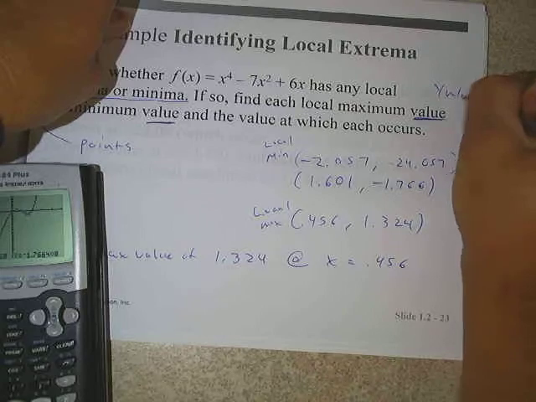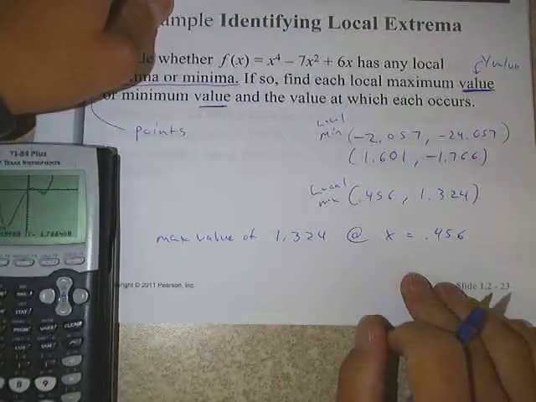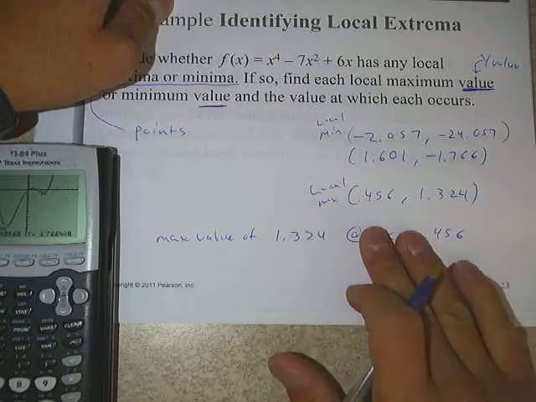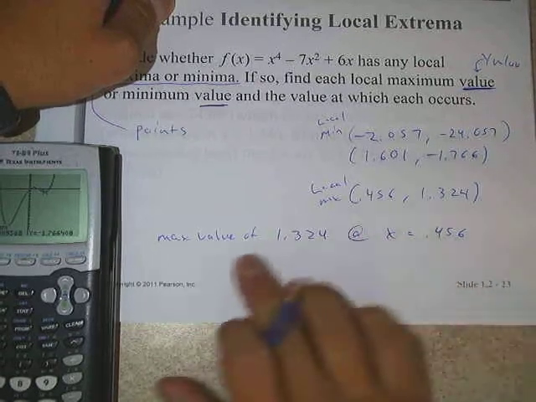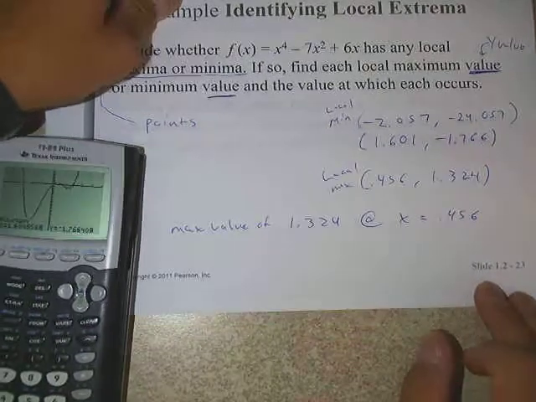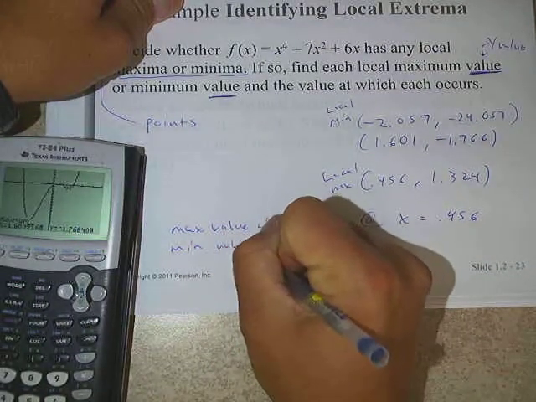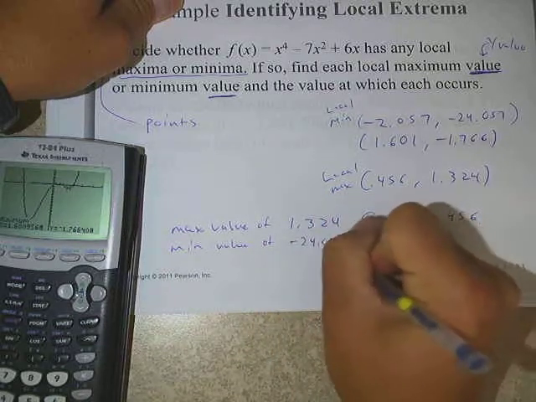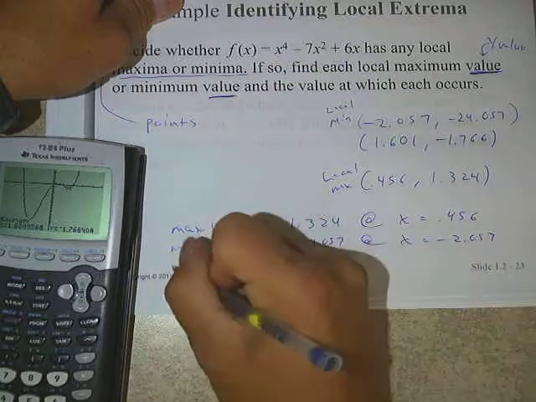Okay, that's how we want to answer this question. Okay, and when we have the same question again, this is what I need to see on your paper. You need to write it just like I showed you here. Okay, so notice that the value that they're asked for here is actually a y value. Okay, we're after a y value here. Okay, all right, and again, if all they asked you for was the value, then we wouldn't even have this part involved. Okay, we just say there's a maximum value of 1.324. Okay, but they ask us where it occurs also, so we'll put it in the same sentence and we'll write it just like that.